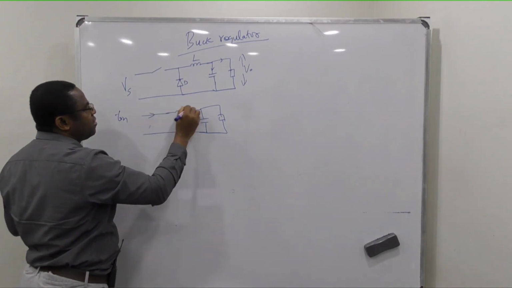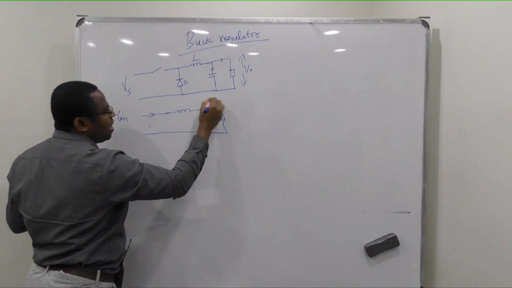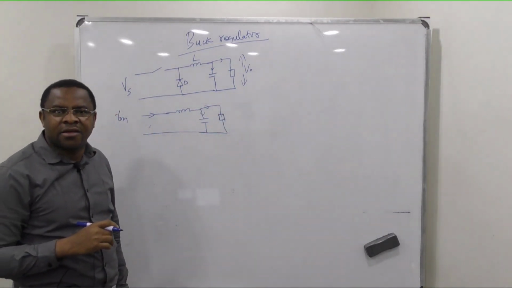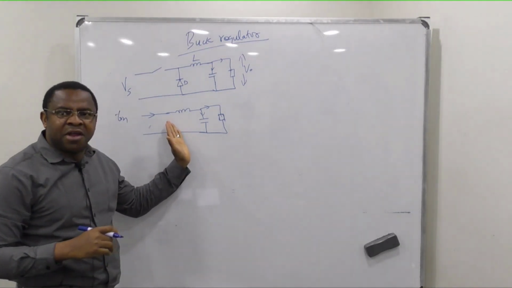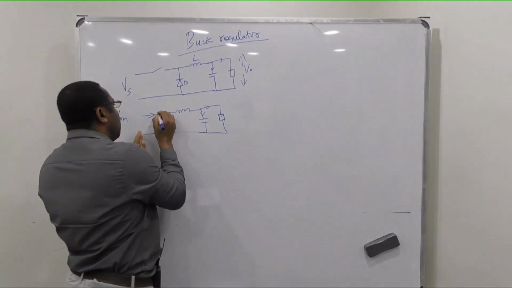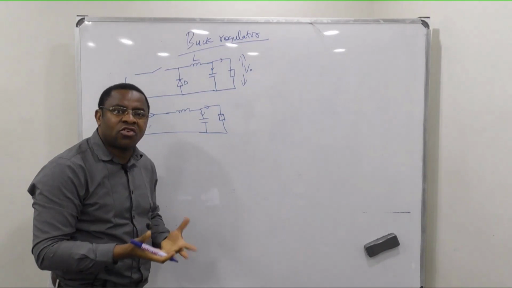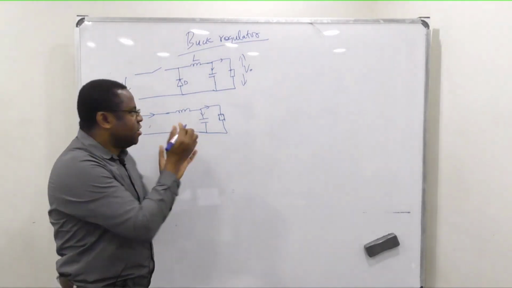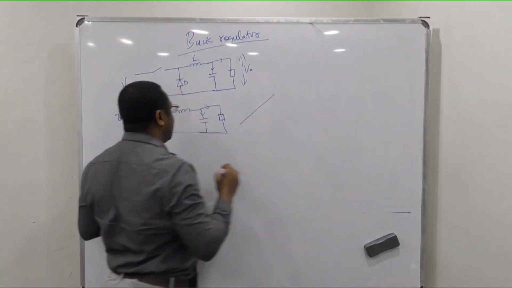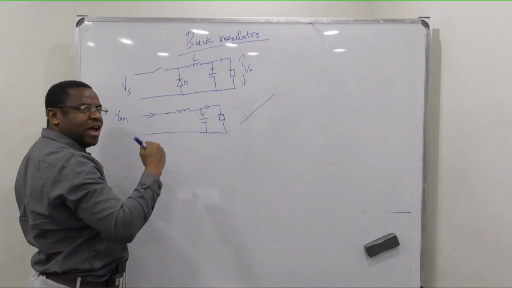Current flows into the inductor. Once it is fully charged, it will discharge into the load. So at time on, we are going to have current being built up. Remember that an inductor builds up current. So as current flows through here, the current will start building up.